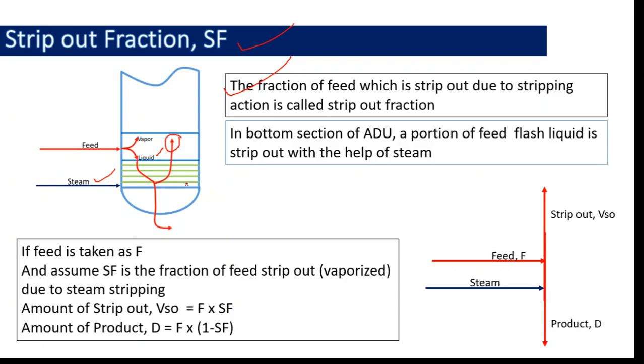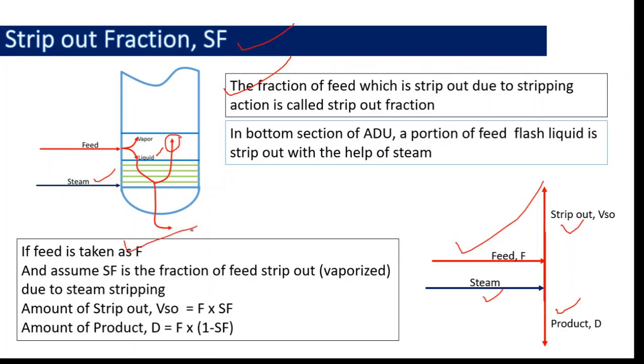To calculate this amount, we can use the stripped out fraction. Let us take another example. This is a feed, and with the help of steam a portion is stripped out. We can say it is the strip out vapor VSO, because the strip out is a vapor, and the remaining liquid is the product.